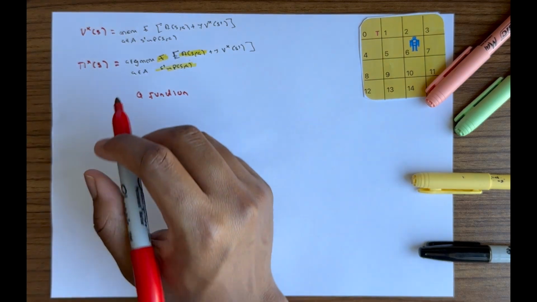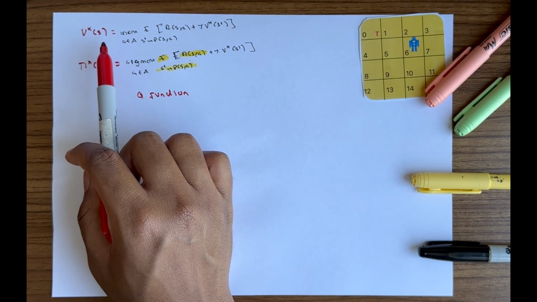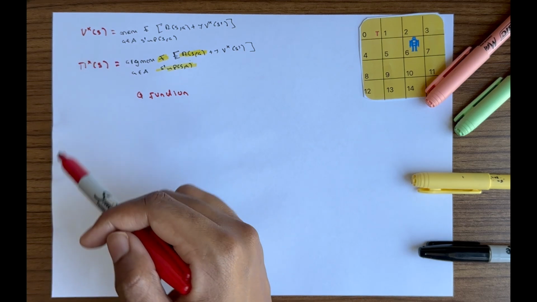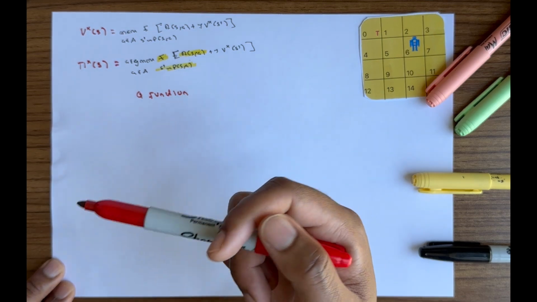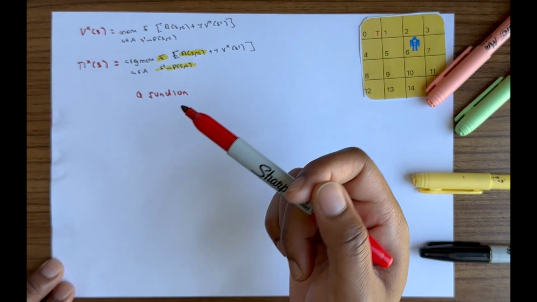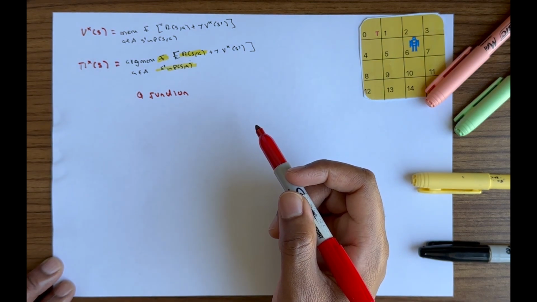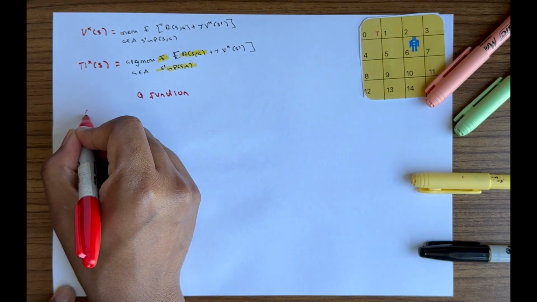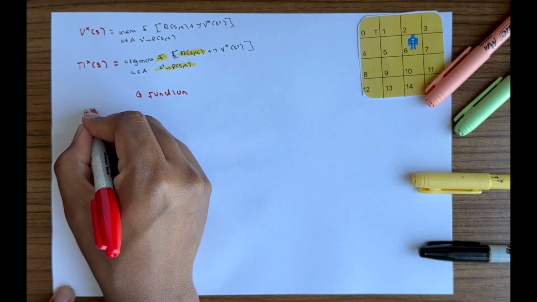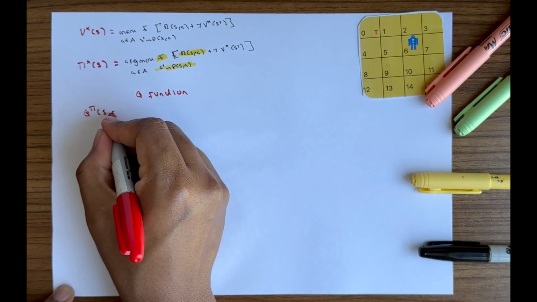Now, let's go back to this. Instead of asking how good it is to be in a state, why not ask how good it is to take a particular action from a particular state? So the Q function is something like this, which takes in not only the state but also an action.